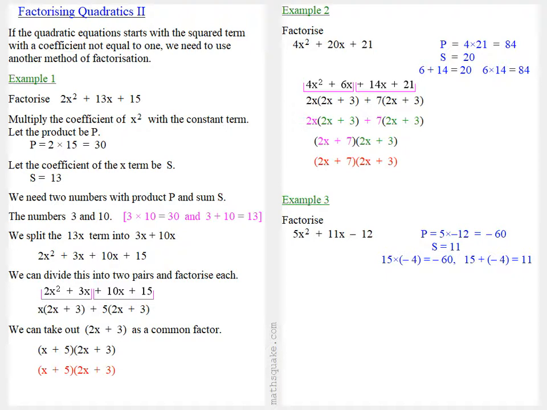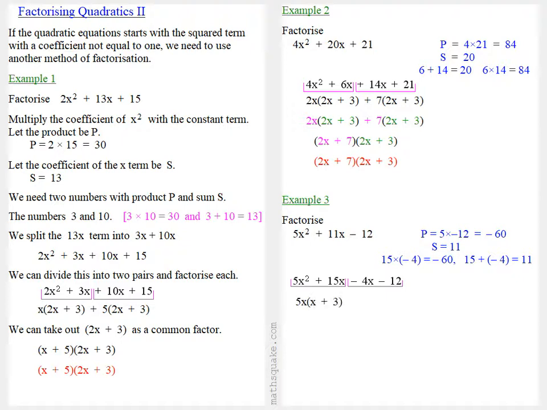They are 15 and minus 4. 15 times minus 4 is minus 60, and 15 plus minus 4 is 11. So we can split the original term, 5x squared plus 11x minus 12, into 5x squared plus 15x minus 4x minus 12.